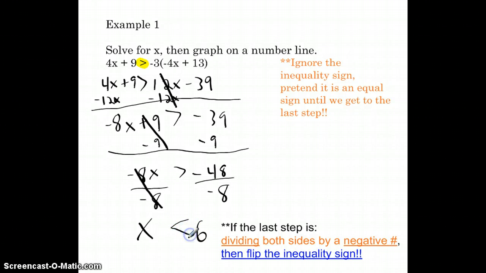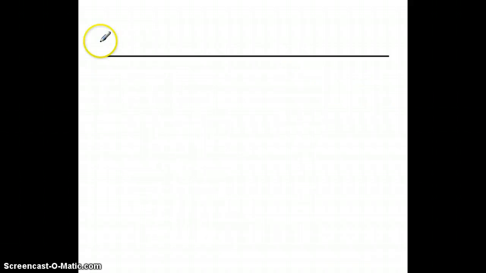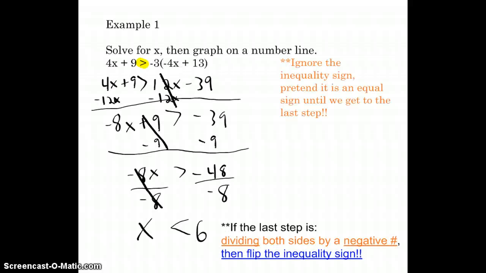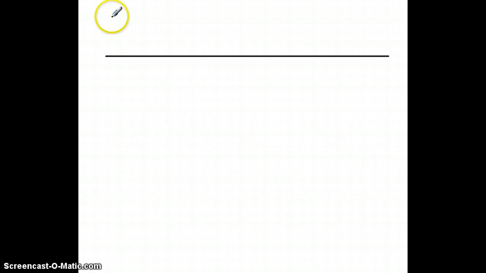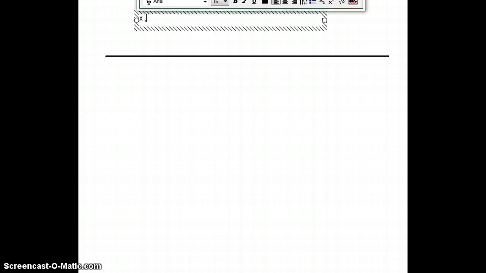We've got to flip it. So what we really end up with is x is less than 6. So we've solved for x. Now what we need to do is graph it on a number line. Okay, so our answer, x is less than 6. All right, let's type that in right here.